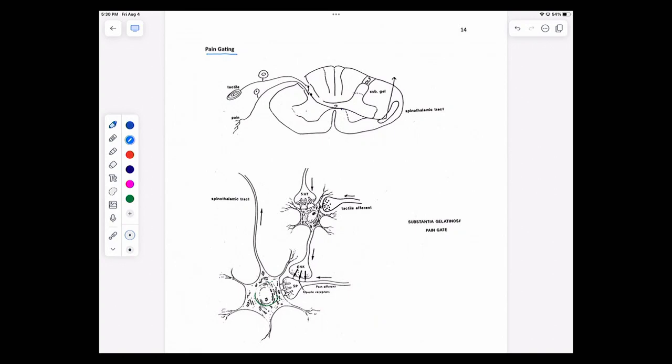In other words, you have some nociceptive pain, some injury somewhere in your body, and it's lighting off a pain signal so that you're perceiving pain. Your central nervous system actually has a way of lowering that pain so that it is not as painful as it could be. When it does that, we call that pain gating.